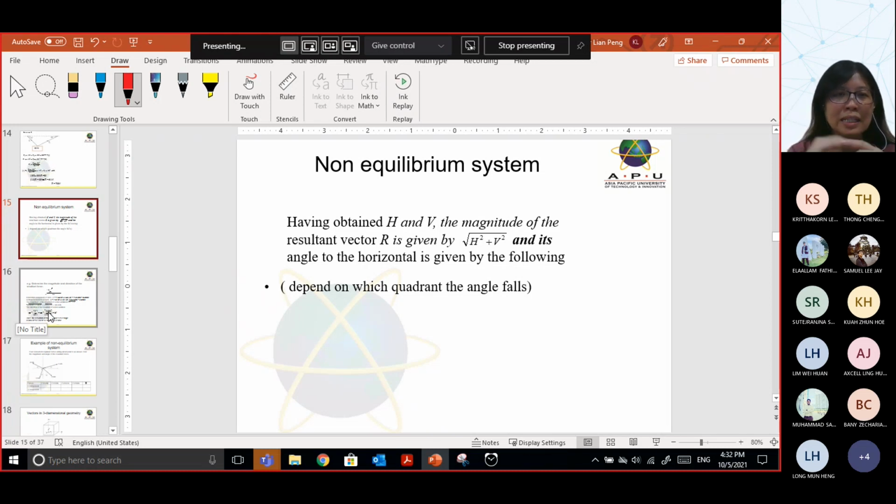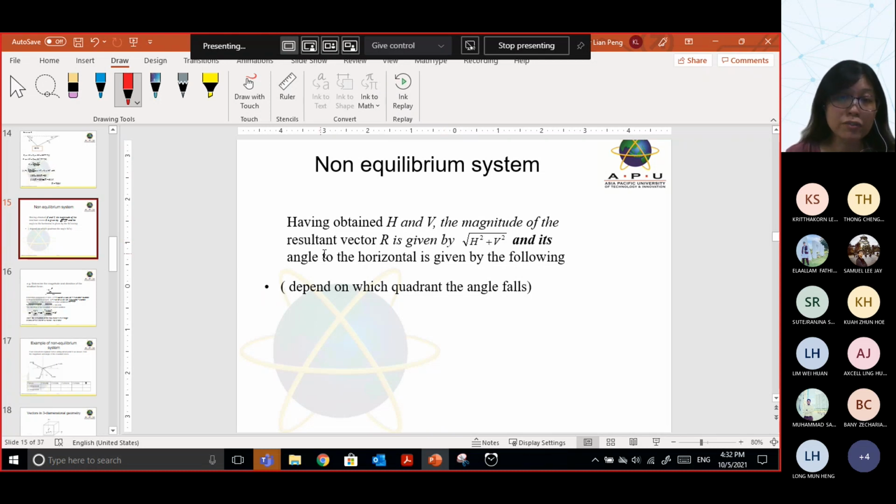So that's why, can you see earlier one, I keep on asking you which quadrant, how to find the angle, don't put the sign and so on. So now you will see you are going to need it again for the calculation. Okay, so for non-equilibrium system, having obtained H and V, H and V are referring to the horizontal and vertical component.